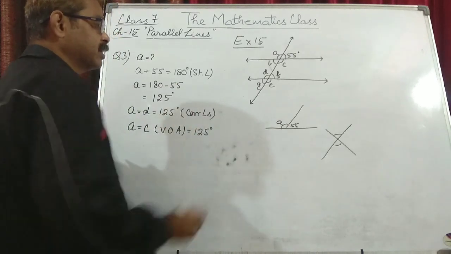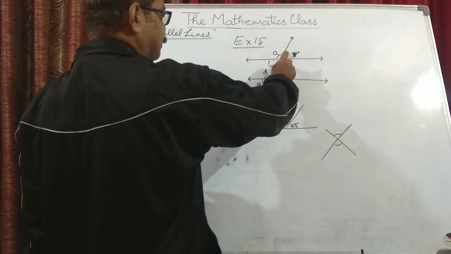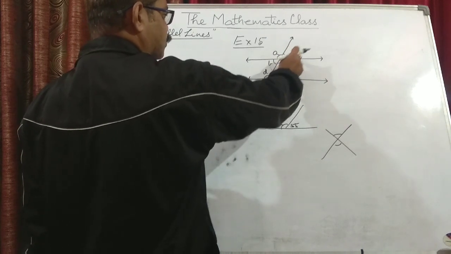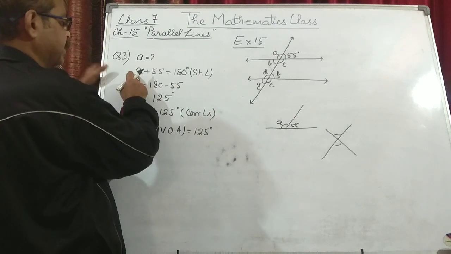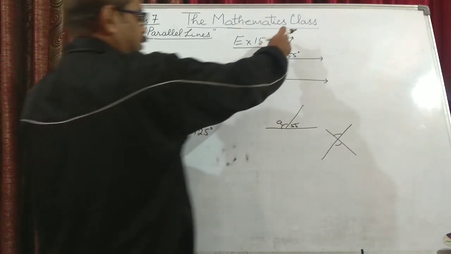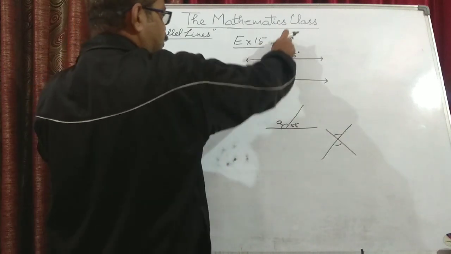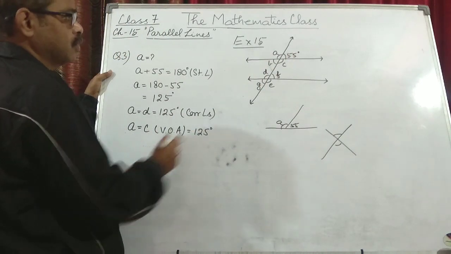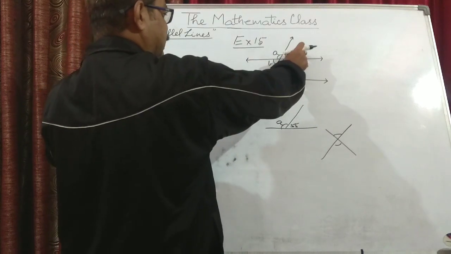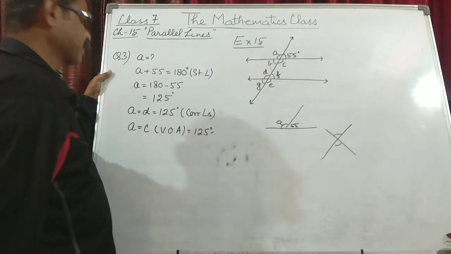Or one more method: 55 plus C can also be considered a straight angle. This line is also a straight line, and C plus 55 make a straight angle. So C will be 180 minus 55, you will get 125.